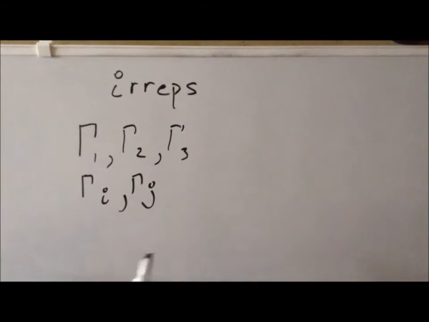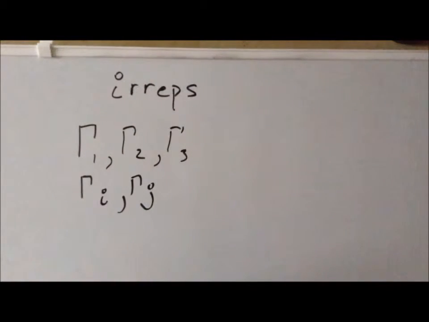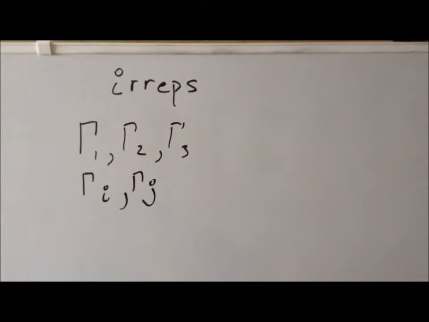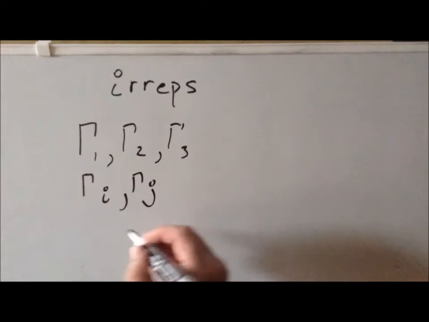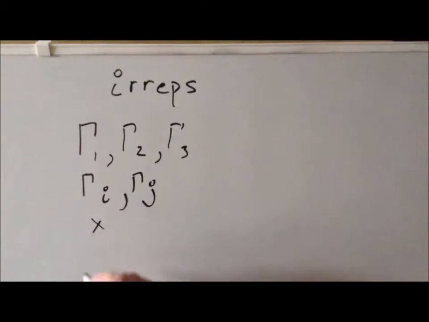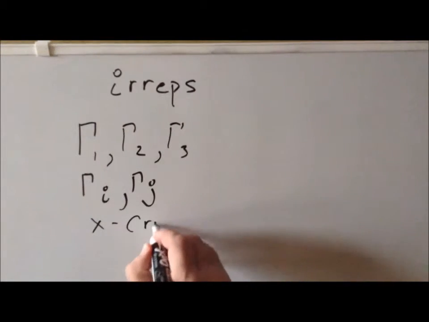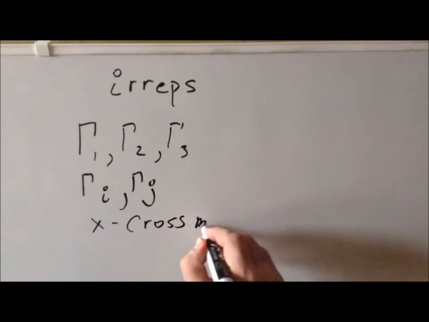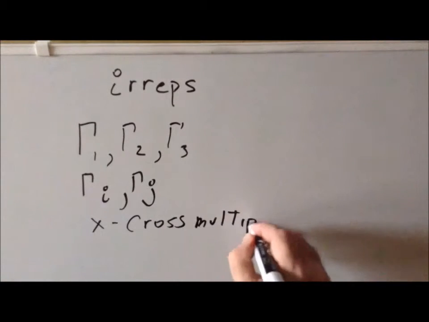We want to look at some of the properties of these irreducible representations. We can multiply irreducible representations, and it turns out that there are two different types of multiplication that we can do. There is cross multiplication, for which we typically use the ordinary multiply sign. So we want to cross multiply.